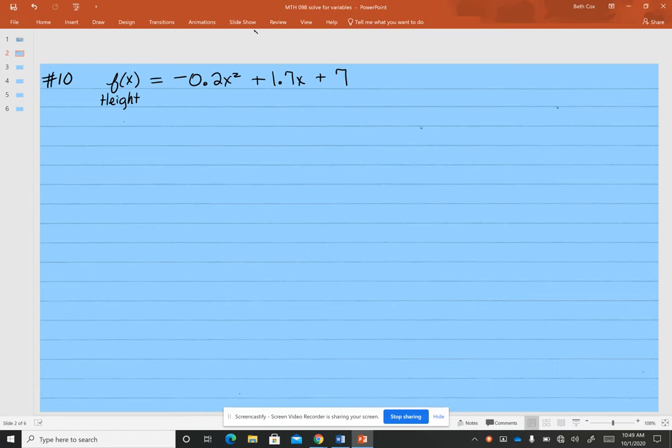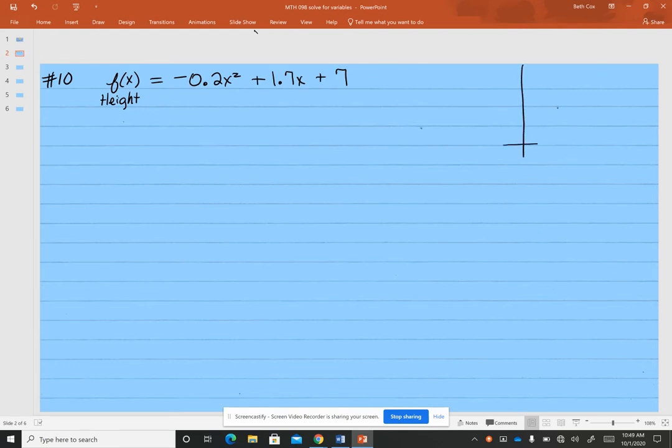Now the question asks for a couple of things. It asks for the maximum height, and also how far away from where the ball was thrown. It's also going to ask for a graph. So here's a pitiful looking graph. Let's try again.